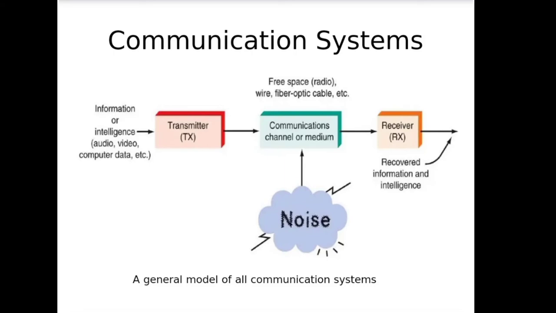The block diagram of a communication system, or the model of all types of communication system: any type of information is sent to the transmitter. Your information may be audio, video or computer data etc. It is transmitted through a communication channel or medium.